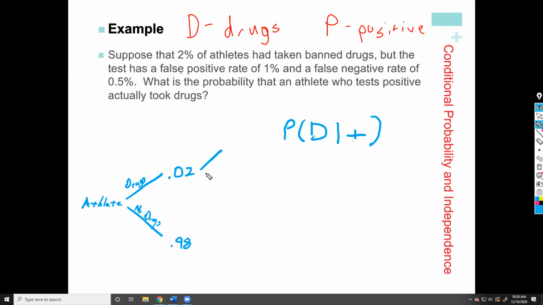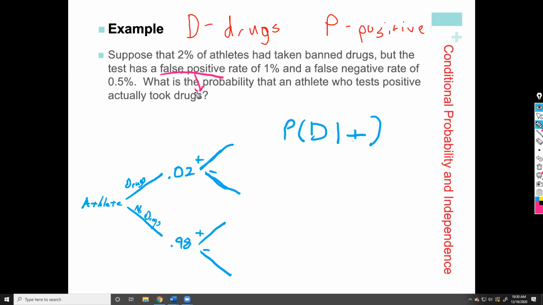Then we're going to find within those groups whether they test positive or test negative. So we have positive, negative, we have positive, negative. And then here's where our false positive and false negative rate comes in. Because false positive, well, if you have a false positive, that means that you get a positive even though you don't fulfill the conditions.